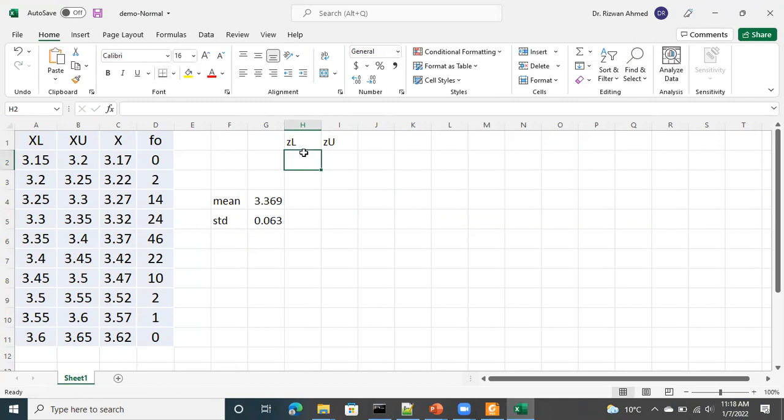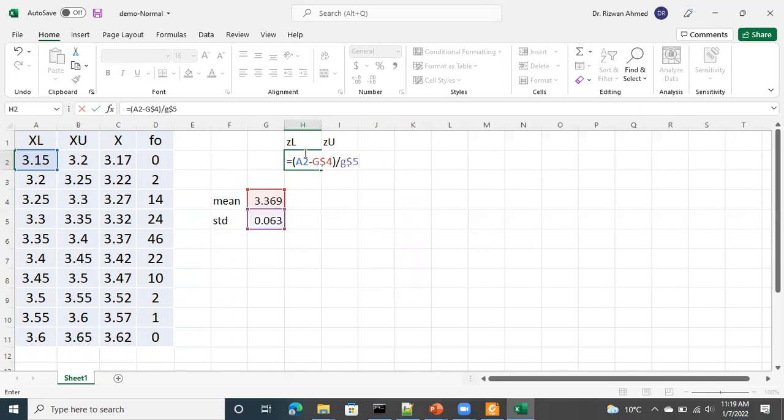We take the corresponding X lower limit minus the mean value, picked from location D4, divided by sigma. Since I want to keep these values fixed in all of my calculations, I have used the special selection with the dollar sign, G$5, so the standard deviation will be picked.